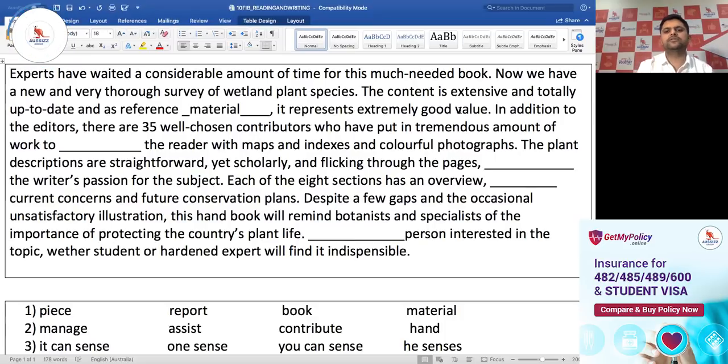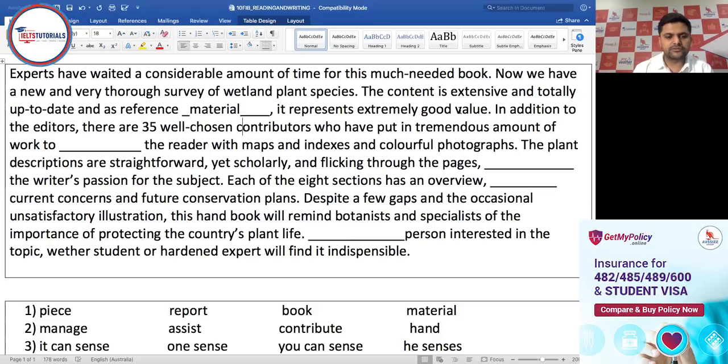So these contributors have put in tremendous amount of work to dash the reader, to manage the reader, to assist the reader, to contribute the reader, to hand the reader with maps and indexes and colorful photographs.